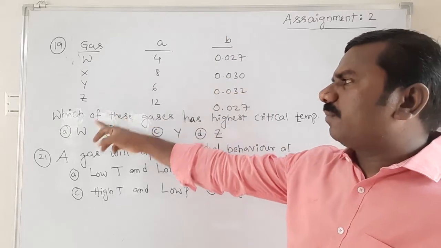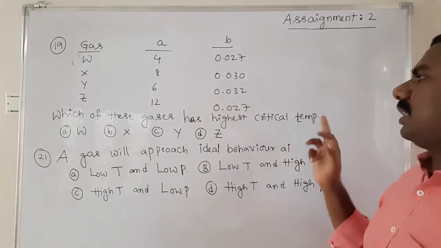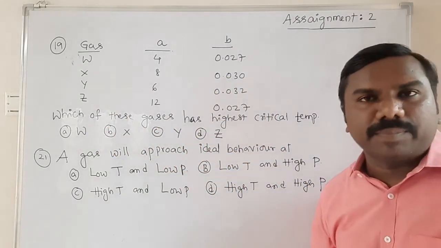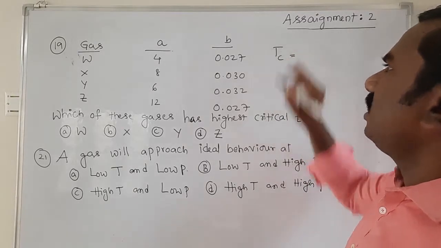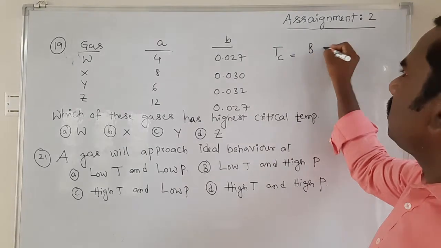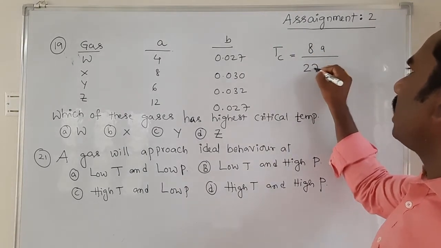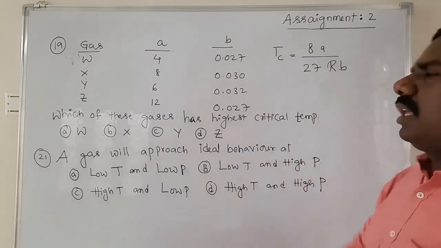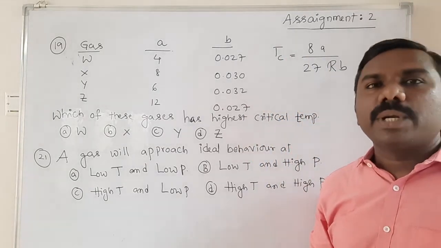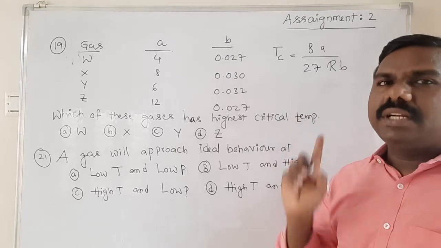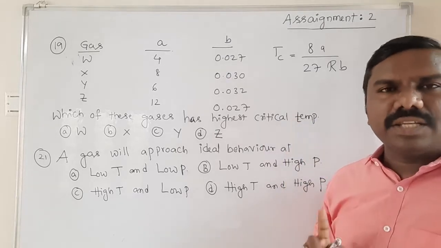And they are asking which of these gases has the highest critical temperature. The critical temperature formula is Tc is equal to 8a by 27Rb. Critical temperature Tc, critical volume Vc, critical pressure Pc must be derived from the Van der Waals gas equation.